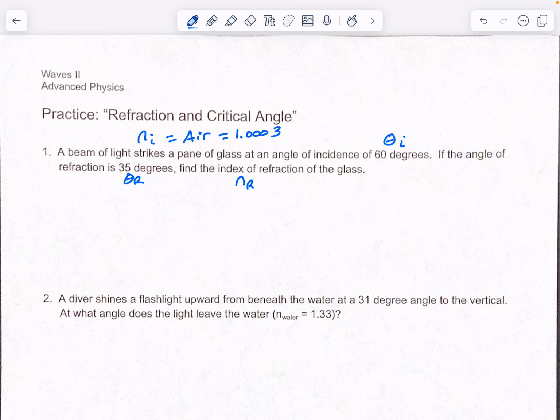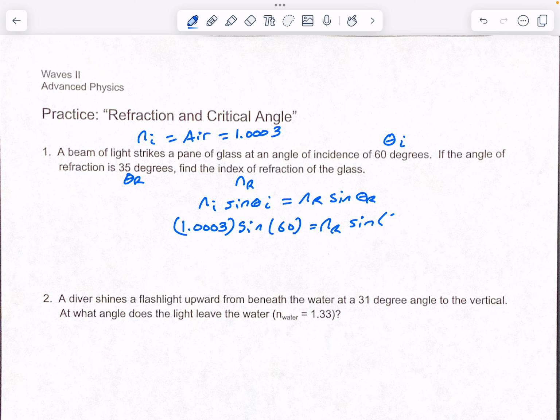If you have two angles and you have two indices, this is when we're going to use Snell's law. So this is Ni sine of theta I equals Nr sine of theta R. Ni is 1.0003, times sine of your original angle, which was 60, equals Nr, which we don't know, times sine of theta R, which is 35.